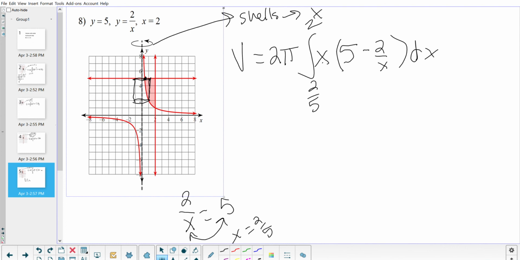Now, I have to specify which axis you're rotating it around, and then I could specify whether I want you to do the shell method versus the disc/washer method, but that's something you could determine if I didn't specify. You'll just have to read the directions closely.